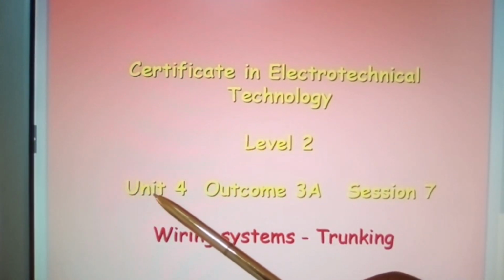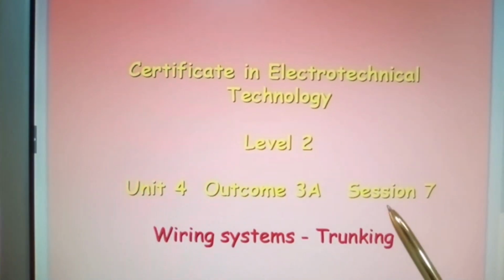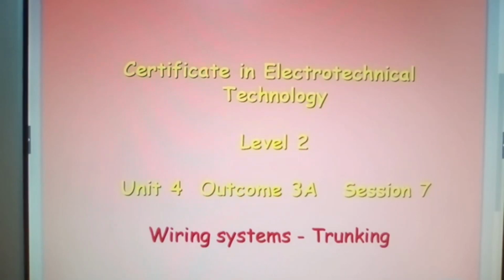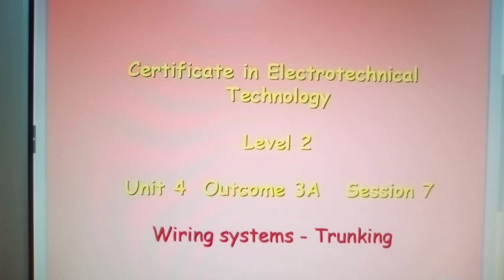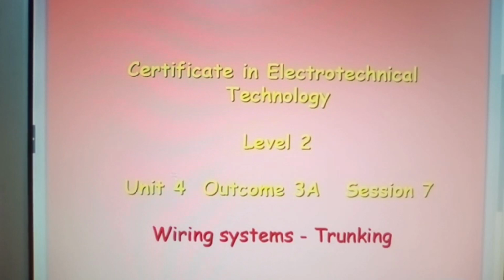At this point, for this present time, it's Unit 4 of Outcome 3A, but you may find that this might be applicable to a different unit within your new engineering qualifications. So look for where the knowledge is required and apply it then.